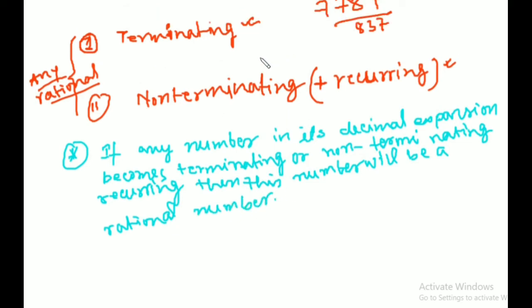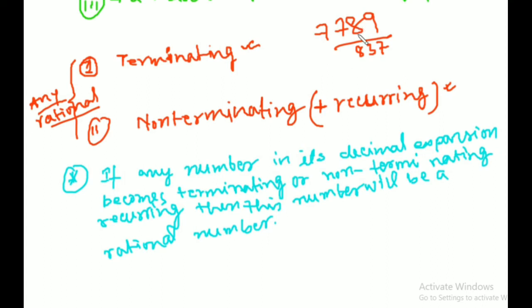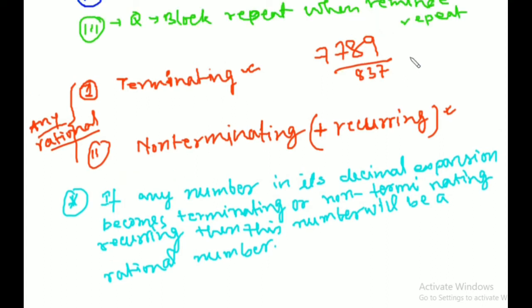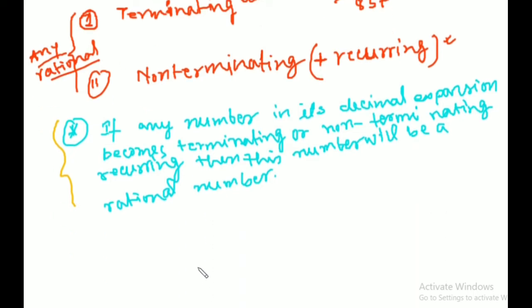So actually what we have seen, we have taken a rational number and then expanded it into decimal expansion, and we are actually claiming the reverse here. If its decimal expansion becomes terminating or non-terminating but recurring, then it will be a rational number.